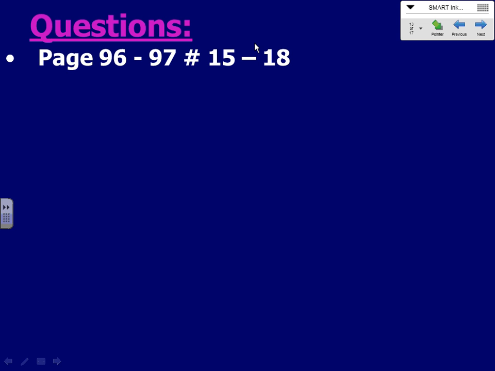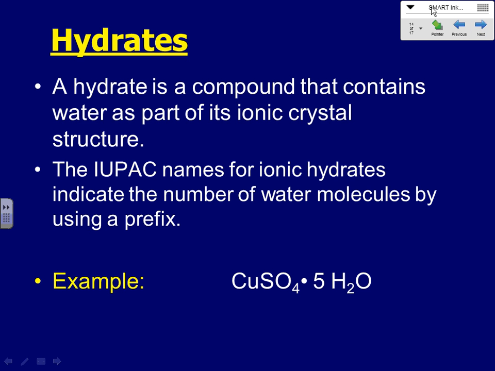Okay? Now there's one more little add-on in terms of naming things. And that is called hydrates. And at this point, and even moments ago, I stressed to you that the naming system is binary. You always name the positive chunk and then the negative chunk. And now I'm telling you, there's a third piece sometimes onto these things.